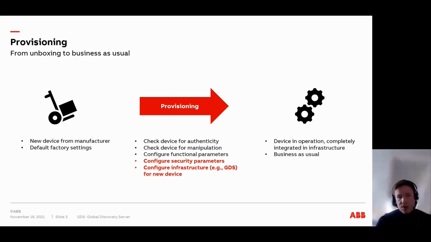You need to configure the functional parameters, and then also the security parameters and the infrastructure so it can securely communicate with the new device. Finally, after provisioning, the device is in operation and you can use it for daily business. In this talk, we will be focusing on the security aspects of provisioning, so configuring all the security parameters and the infrastructure.